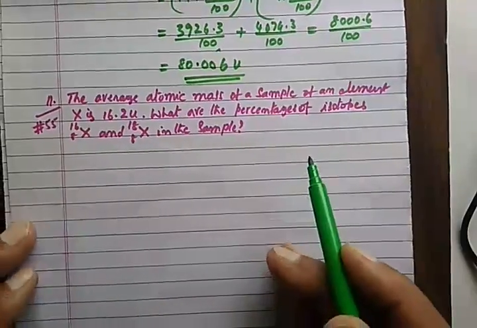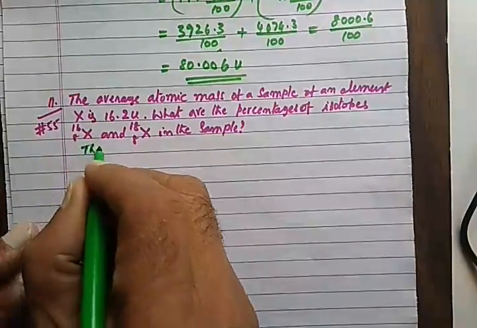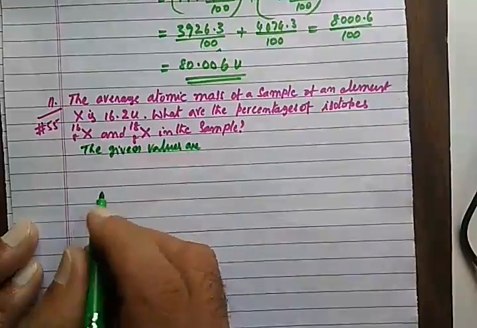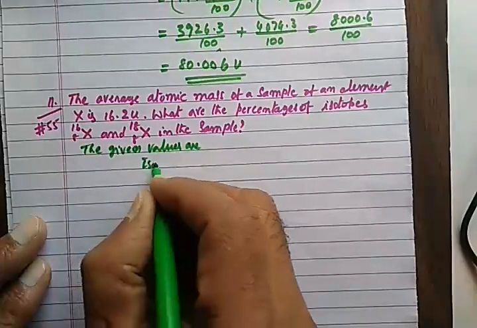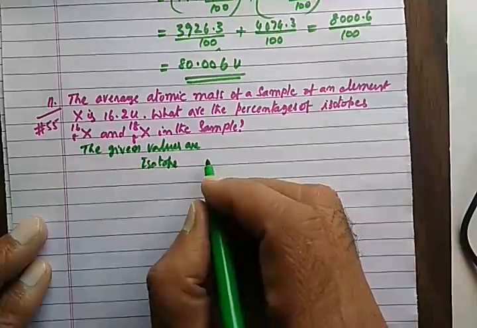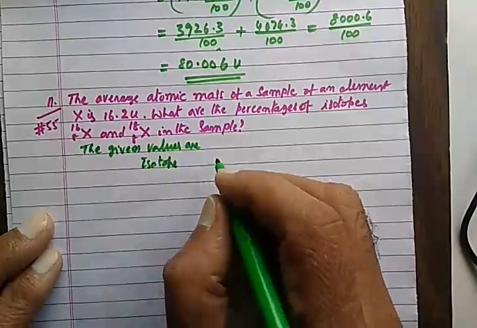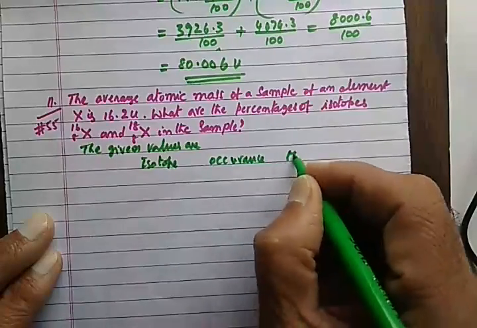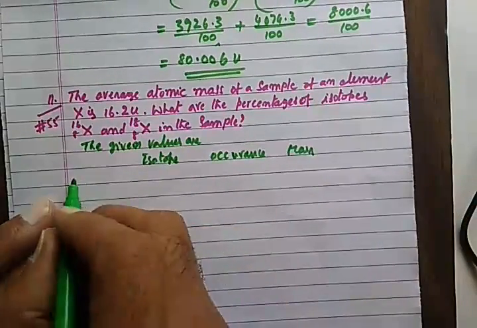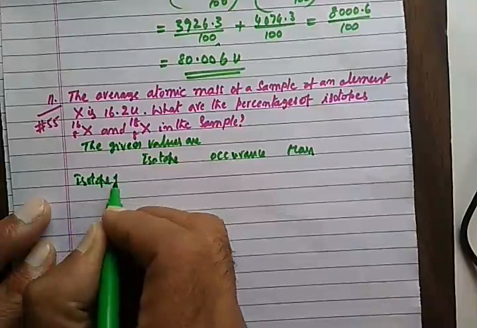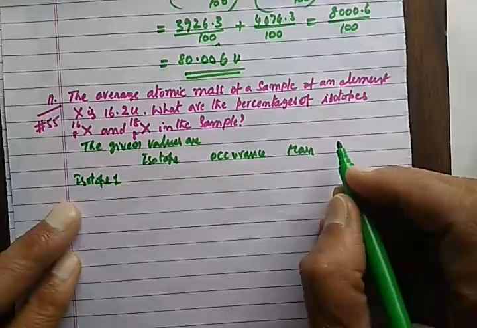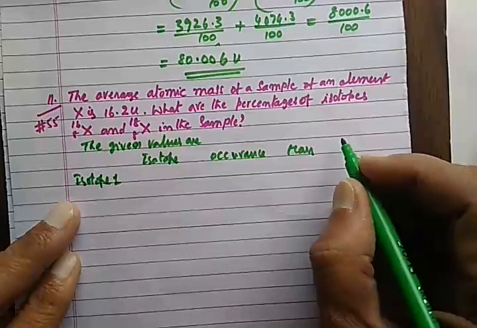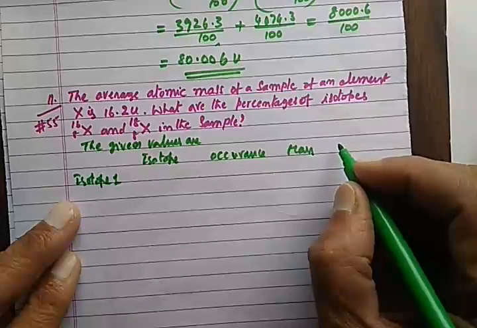Okay. So let us again, like earlier, write the given values the same way: isotope, occurrence and mass. Isotope 1, isotope 2, and here the average atomic mass is given.